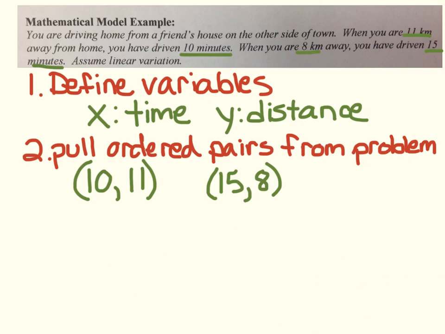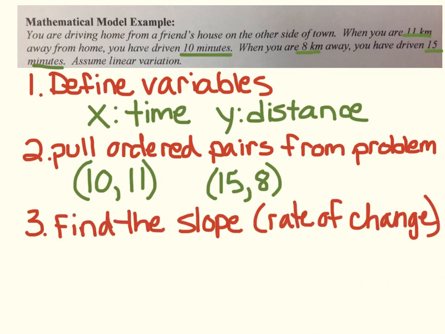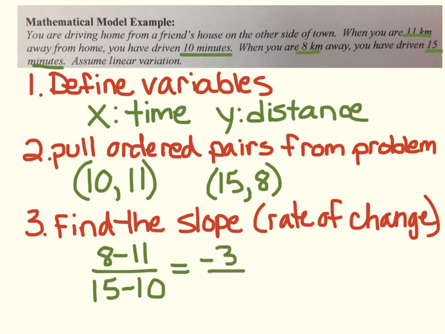So before we can write this equation, we need to find the slope, also known as rate of change. In this case, because it's a word problem, it is a rate of change of kilometers per minute. So our slope, we're going to go y2 minus y1 over x2 minus x1. And that gives us a negative 3 over 5. Why is that a negative slope? Because you are decreasing your distance. You're getting closer.